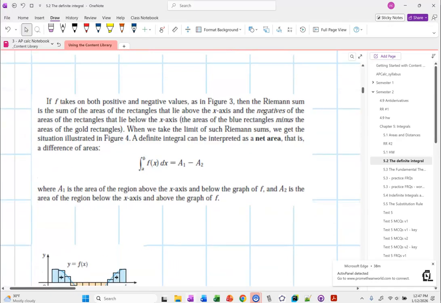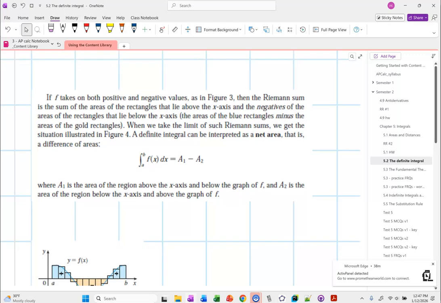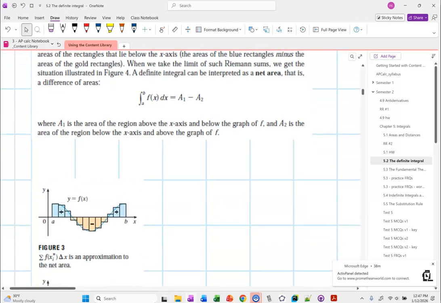So one of the things that we're going to notice is that if the heights of these rectangles are tied to a function, what if my function takes on both positive and negative values? Like the function is above the x-axis and dips below the x-axis. Well, we're going to introduce the idea of having negative area.